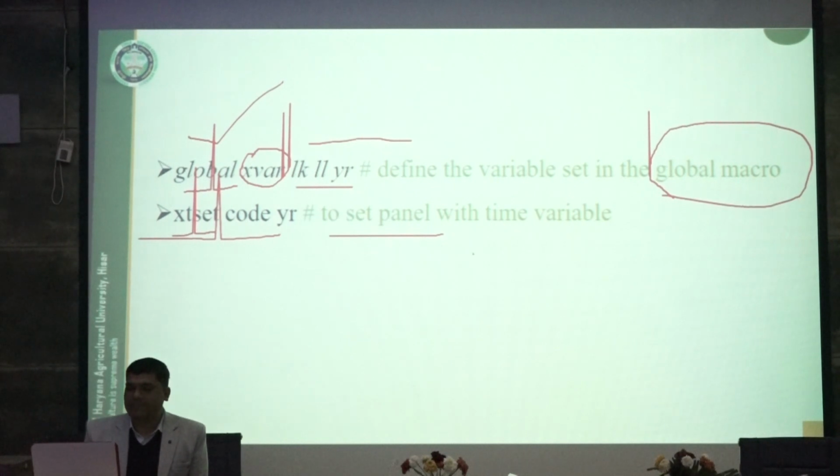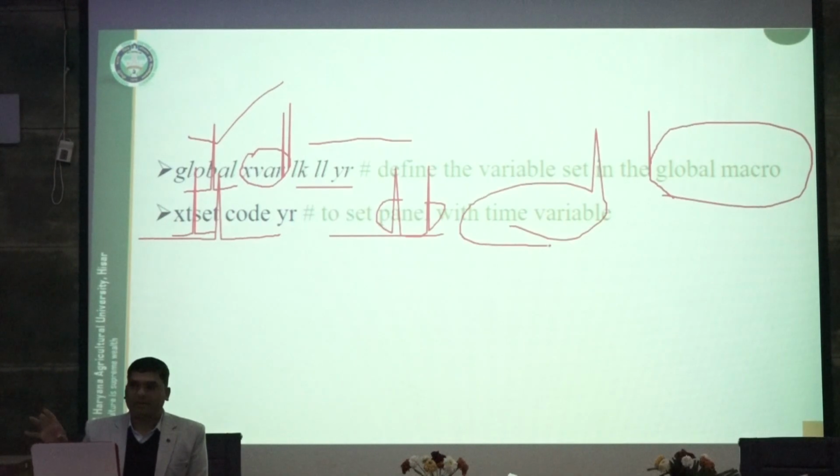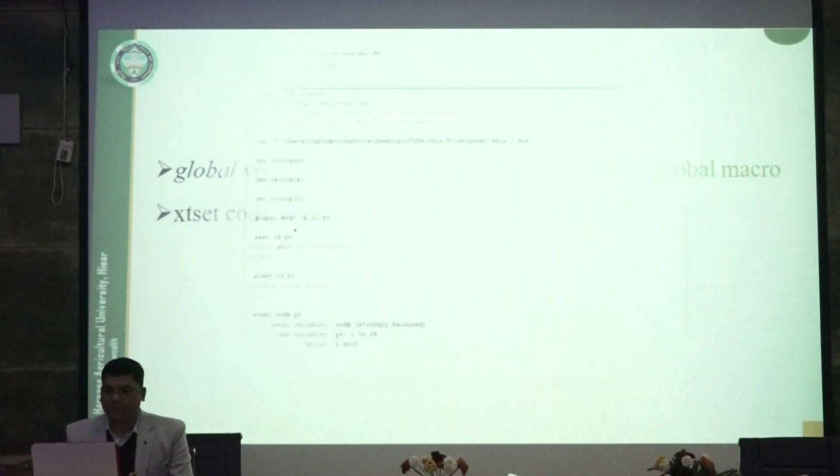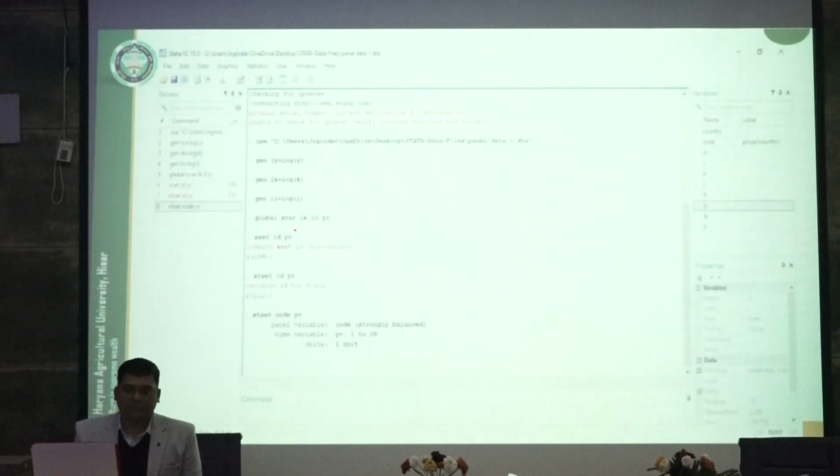The first is for the panel code and the second is for the time variable. In this data, code is for countries and YR is for years, that is your time data. If you run these two commands you will get this type of window.